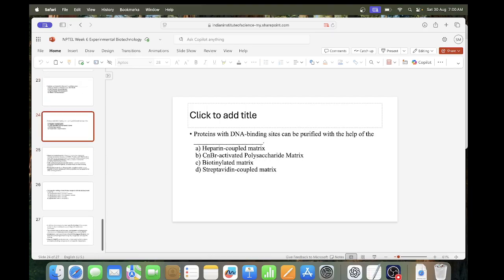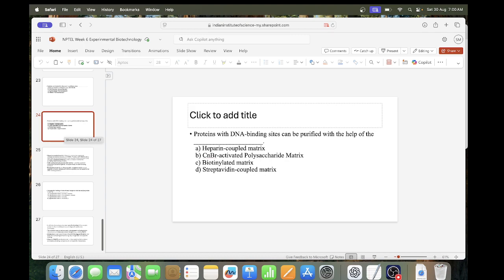The next question is, proteins with DNA binding sites can be purified with the help of dash: heparin coupled matrix, CNBr activated polysaccharide matrix, biotinylated matrix, streptavidin coupled matrix. You can take a couple of minutes to think about this.